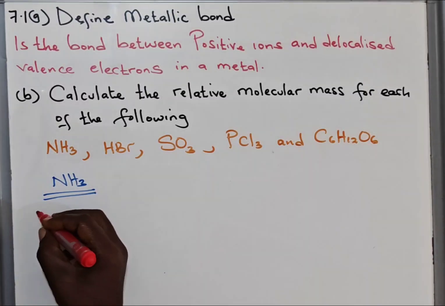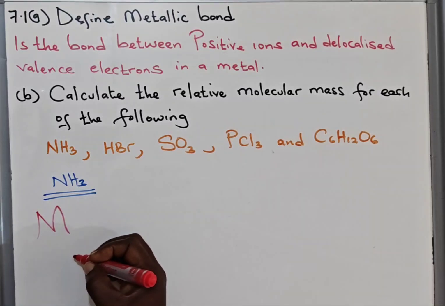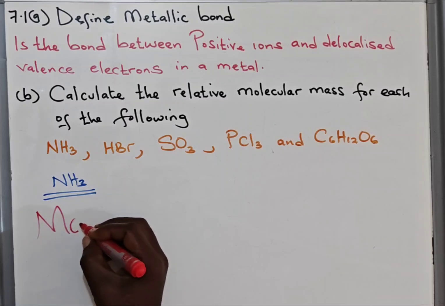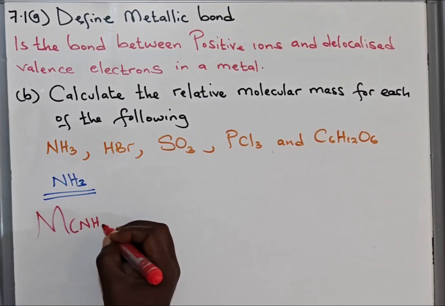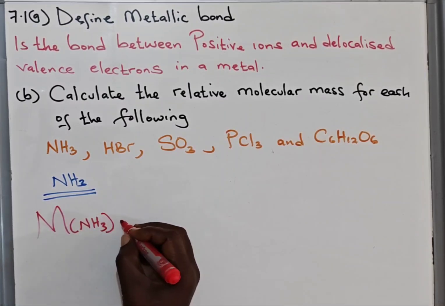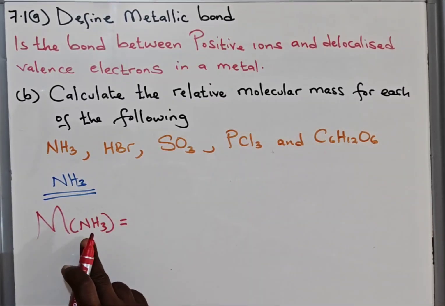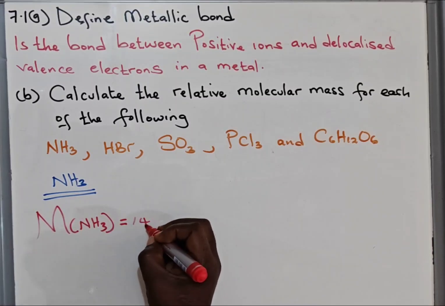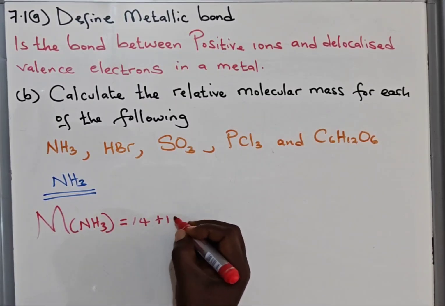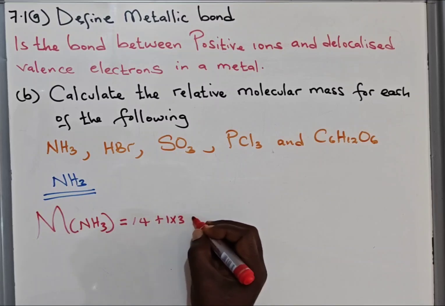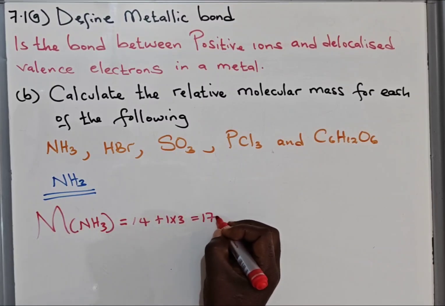We have to know that if M represents the relative molecular mass, then we can have the compound of interest here, this time ammonia. And what do we look for? We look for relative atomic mass. For nitrogen, it's 14. For hydrogen, it's 1 times 3, giving you 17.